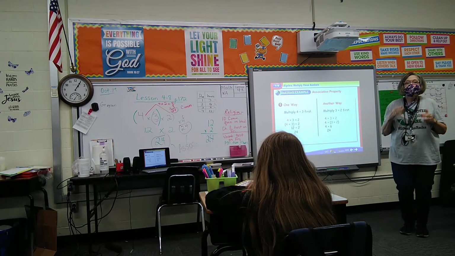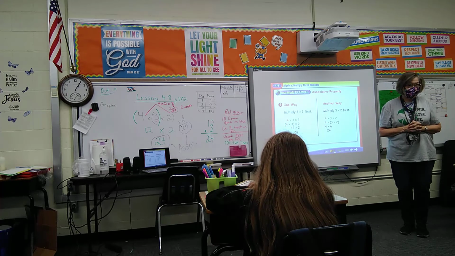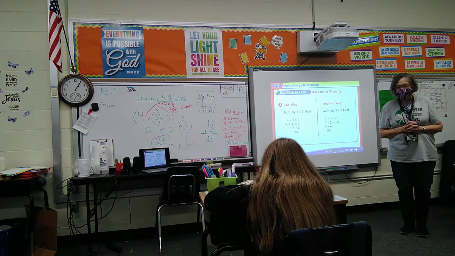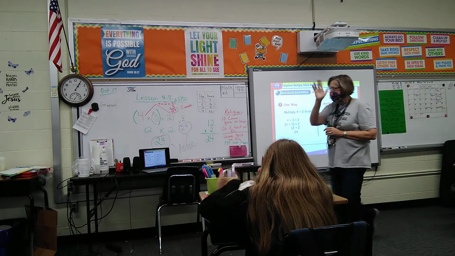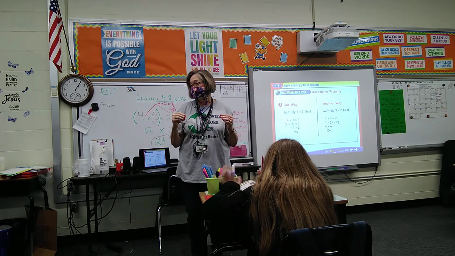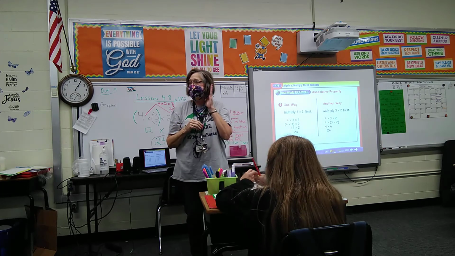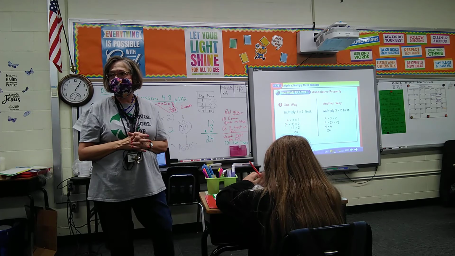But I want you to know you can reverse the order of the factors. Okay? Wave to me if you understand that. Some of you aren't waving to me. I want it to be as easy as possible for you to get the product. Again, what's the product? The answer to a multiplication problem.